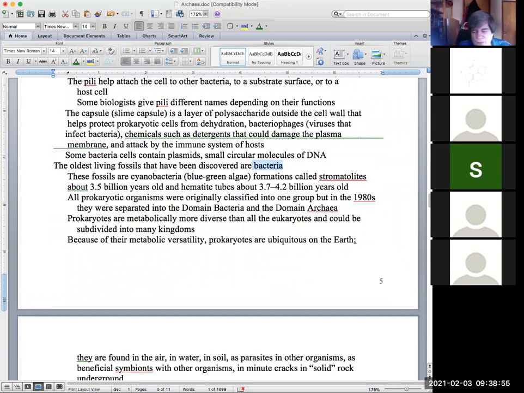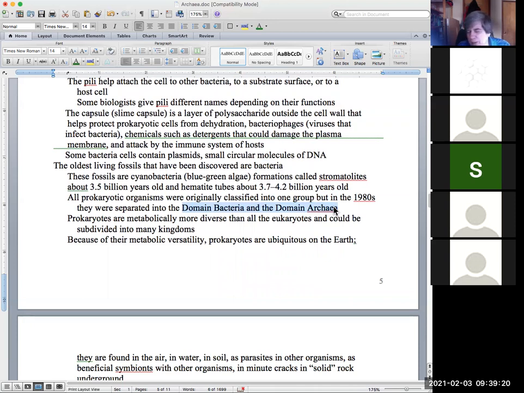And he said there are three main groups. There are eukaryotic organisms, and there are bacteria, which have prokaryotic cells, and there's archaea, which also have prokaryotic cells. So originally, everything in the domain bacteria and the domain archaea was classified together until about 40 years ago.